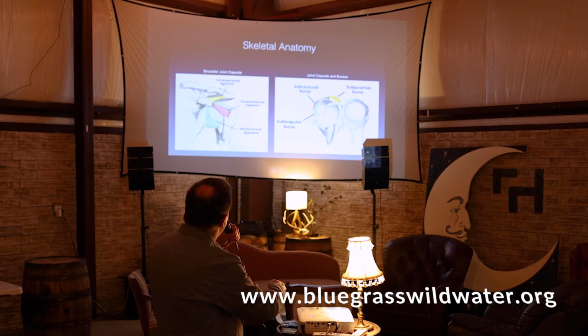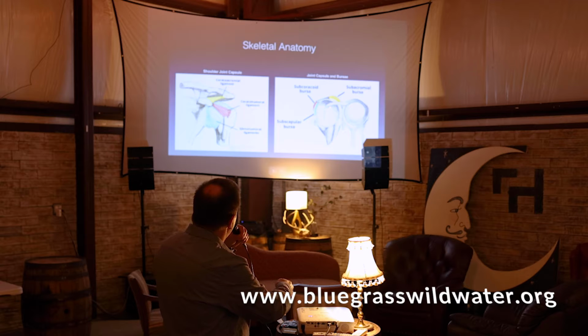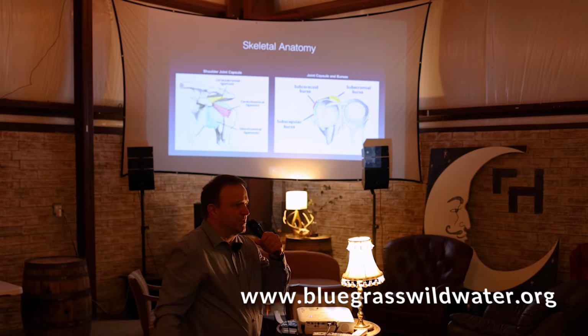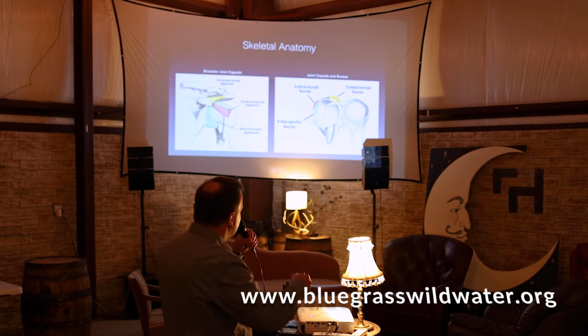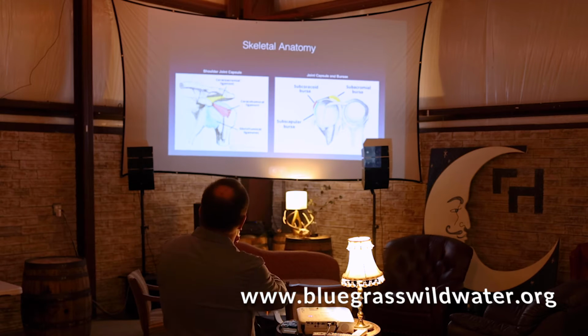And then this right here is the long head of the biceps that actually attaches to the superior aspect of that cartilaginous labrum there, and can really cause problems. We'll discuss in a bit here. As far as the ligaments, this is the posterior view, and you can see that the joint capsule just kind of surrounds the bony articulation there.